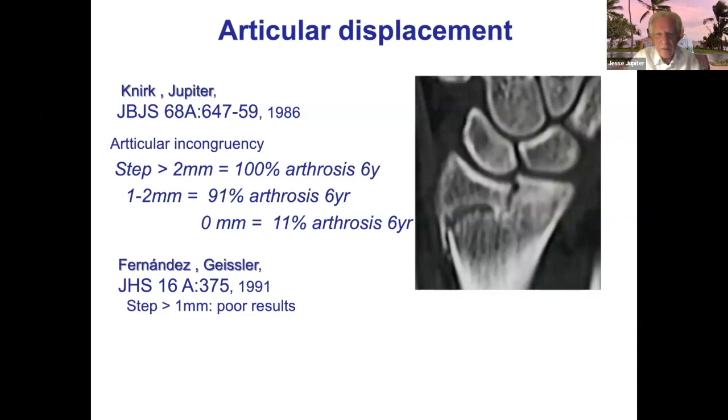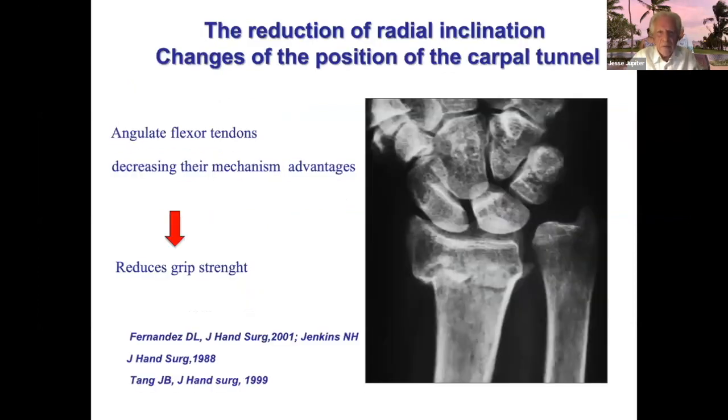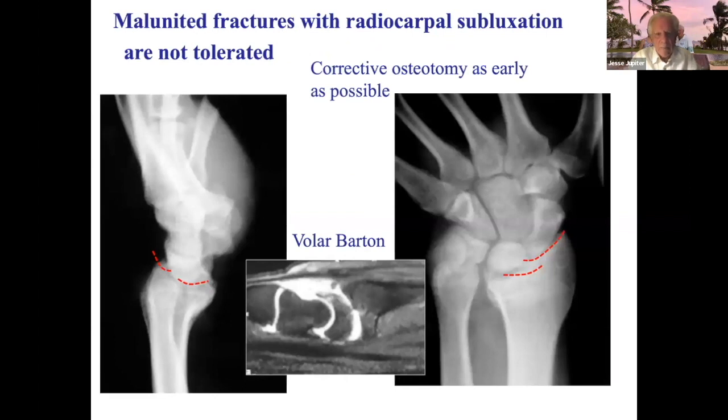We're not using CTs and whatever, but the observation was correct. And we know that positioning the end of the radius abnormally will lead to problems with the flexor tendons, weakened grip, and whatever. On the palmar side, a malunion is almost always associated with a supination contracture. Patients have a lot of trouble rotating by that.